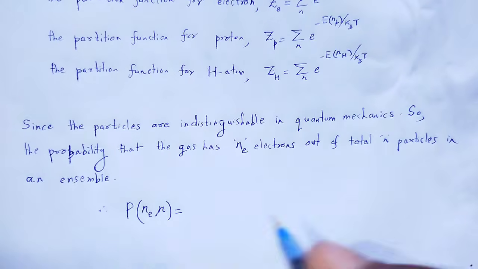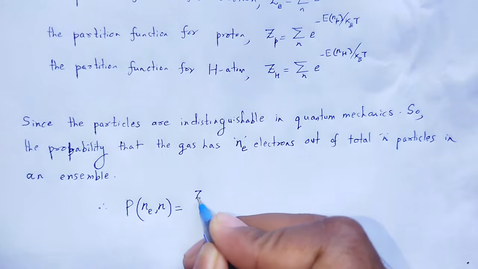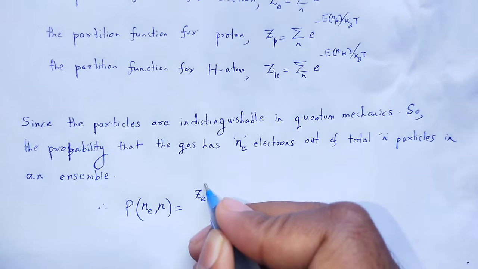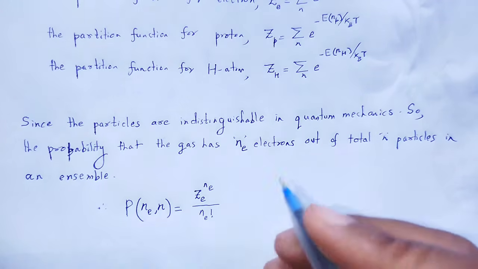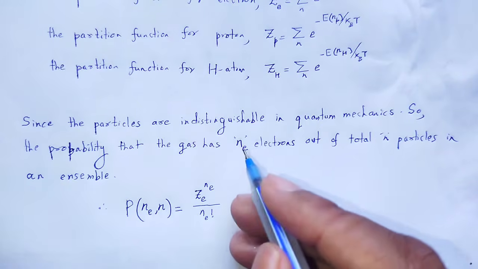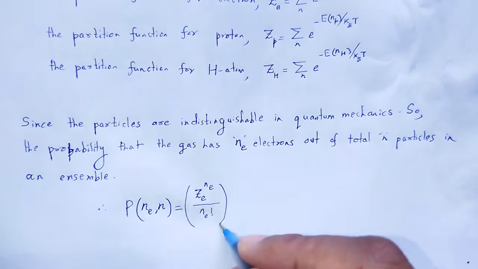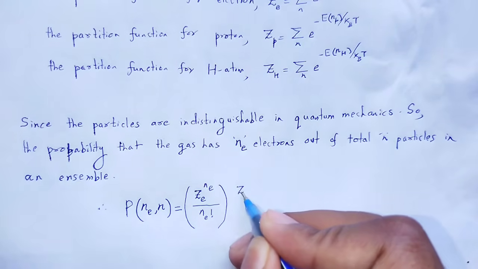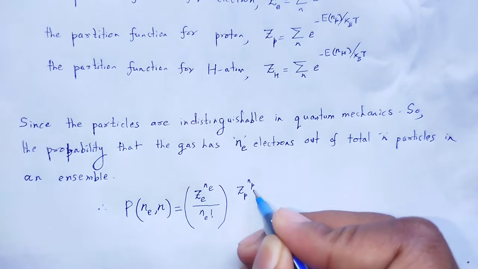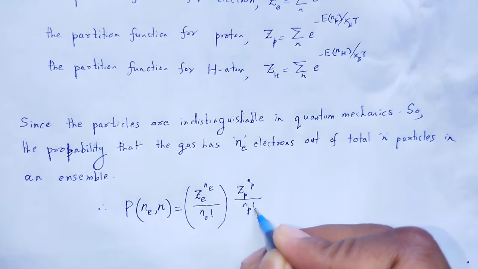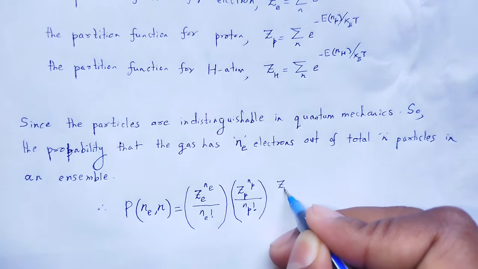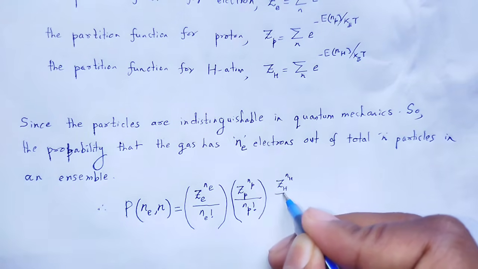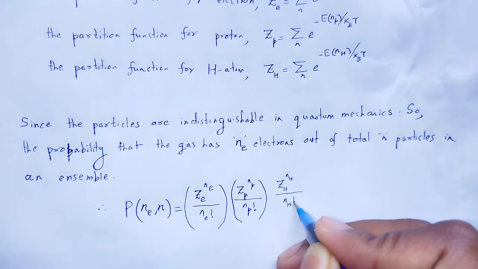We write the probability formula as partition function Z_e to the power number of electrons N_e, whole divided by N_e factorial, for indistinguishable particles, into, for proton, Z_p to the power N_p divided by N_p factorial, number of protons. For hydrogen, Z_h to the power N_h, whole divided by N_h factorial.